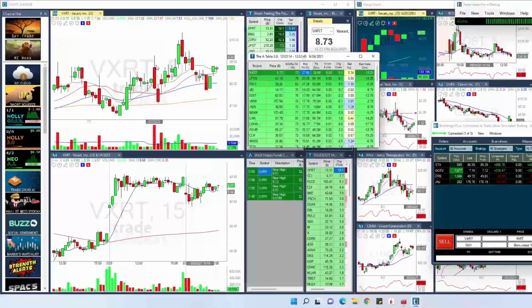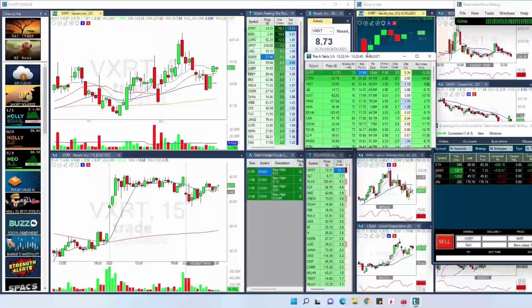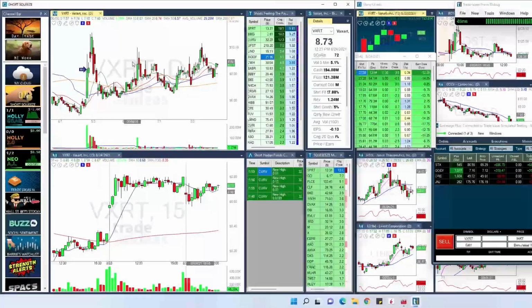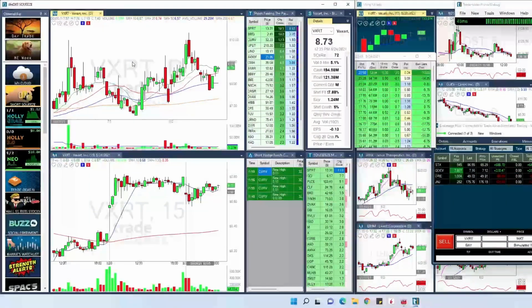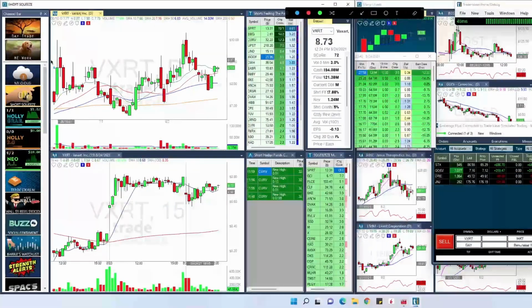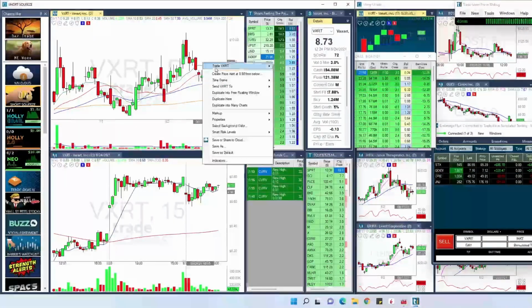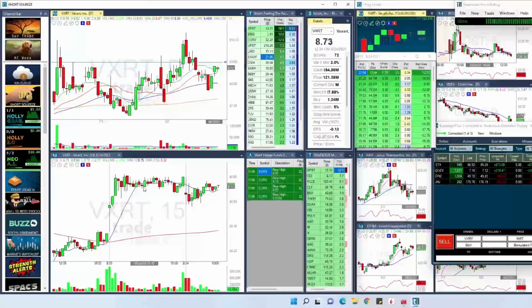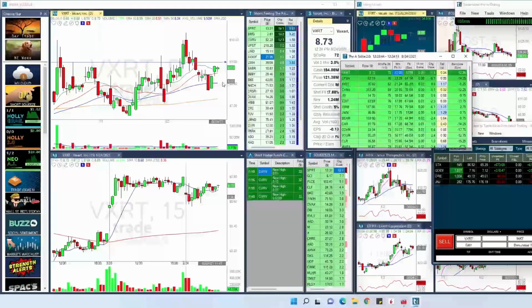Something like VXRT to me looks fantastic with a nearly 28% short float. You can see that it's been struggling for a while to close over $9, right? So I'll right click here and create a price alert for $9 and hit okay. That's something I want to know. If this thing can close above $9, well, maybe it gets going with that short float.